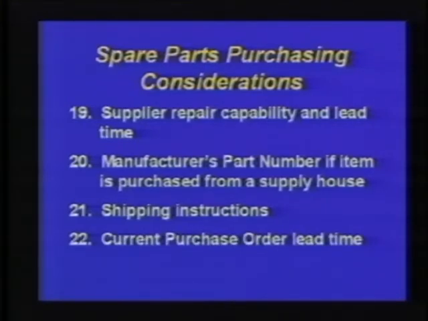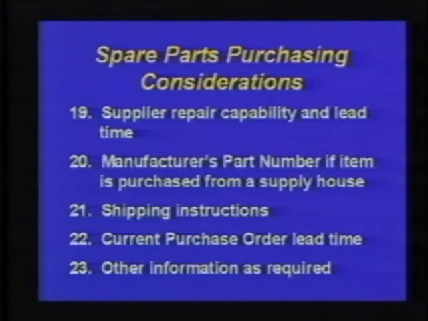And then 22 is the current purchase order lead time, and any other information should be added to this list. So what we're looking at is a very comprehensive list of data requirements to enhance the performance of the purchasing activity within the maintenance management program.